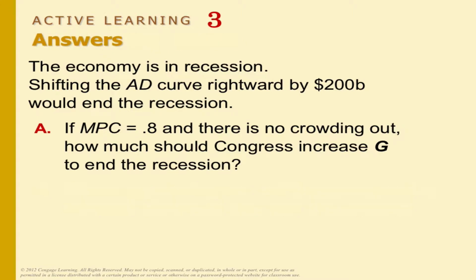All right, if the marginal propensity to consume is 0.8, people are going to spend 80% of their additional income.